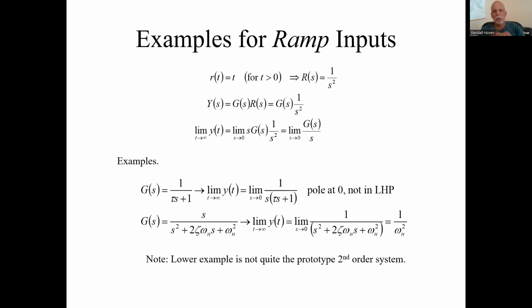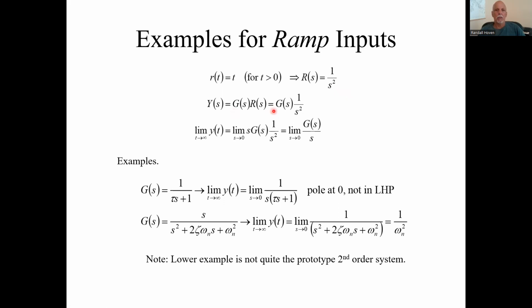What about inputs other than unit step? This is what we mean by a ramp input. We're going to be talking about standard inputs more throughout the course. Impulse is a standard input, a unit step is, a ramp is, and there'll be others. This is a ramp. Its Laplace transform is 1/s².